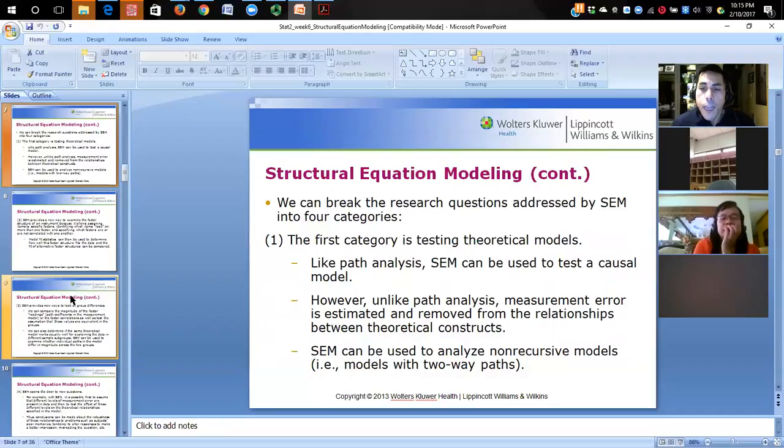So it's very important that this is cause and effect. When we write our model in social science or in nursing science, a straight line means it's a cause and effect. If it's not a straight line, it's an association.